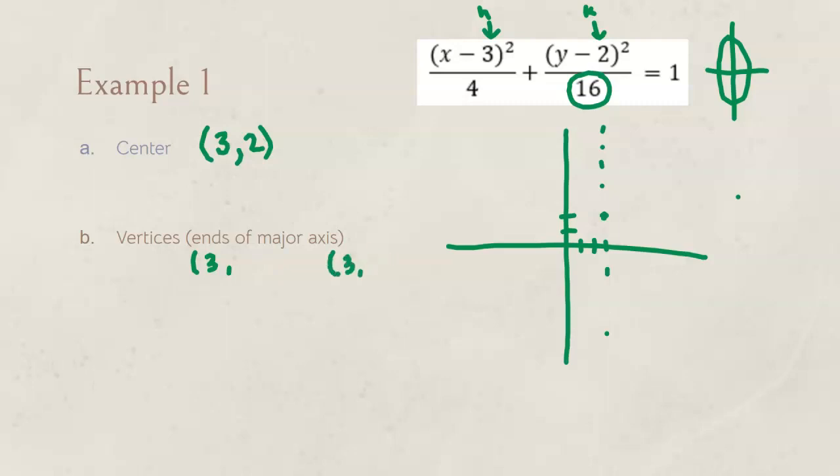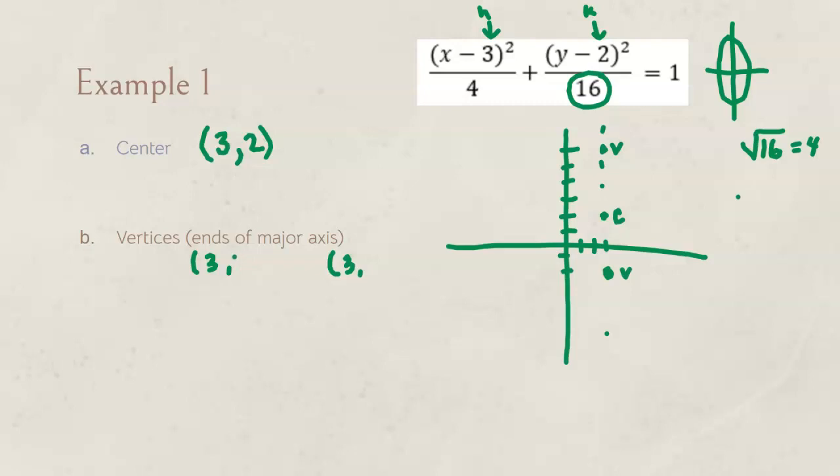And then the major radius is going to be the square root of 16, or 4. So this is the center, and I'm going to have a vertex which is 4 lower than that center. So this is going to be one vertex, and then I'm also going to have a vertex that is 4 higher than the center. So this would be the other vertex.